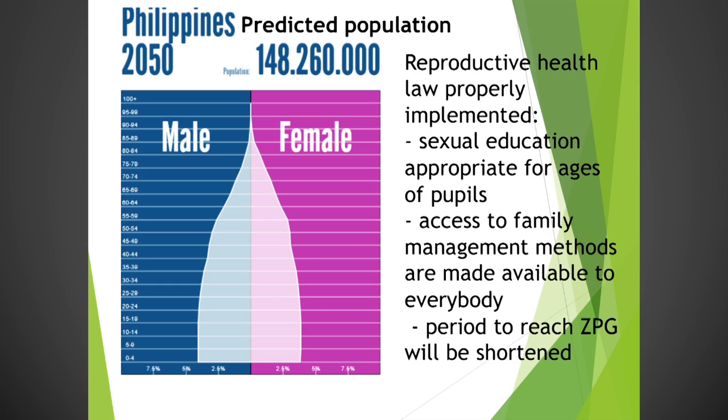And the population at that time is predicted to be 148,260,478. So when we say TFR 2.2, it does not mean that there will be no new infants born.